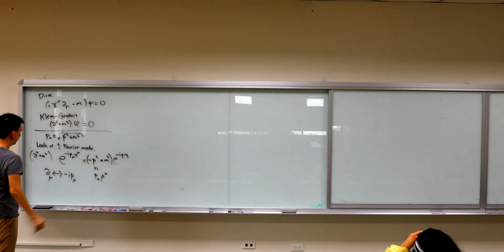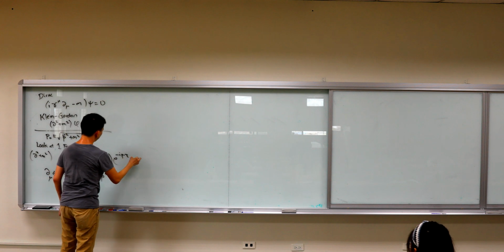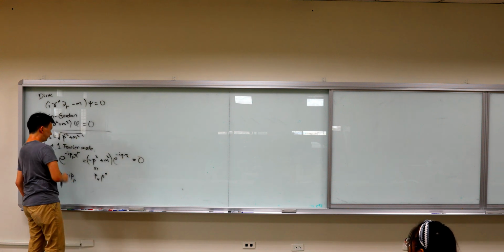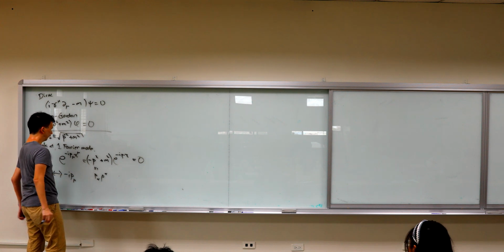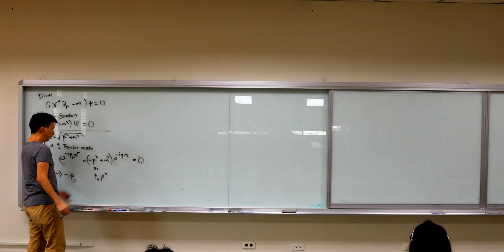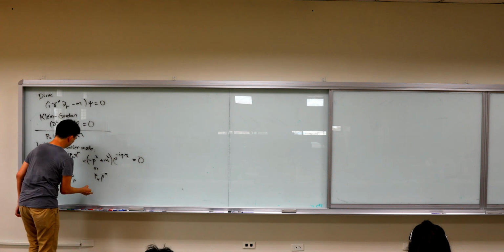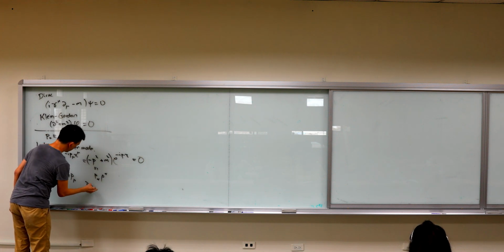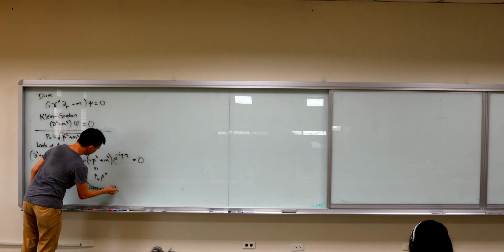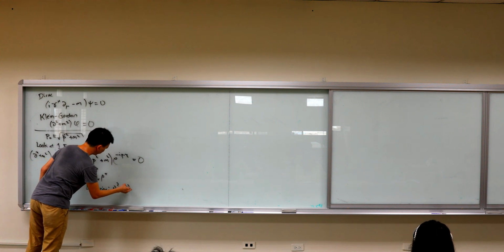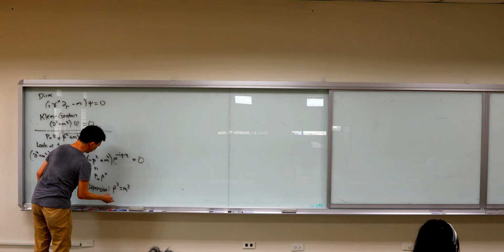But this is supposed to be 0 since, like I said, this is a basis function and you're trying to construct the most general solution. So what it's telling you is that this dispersion relation must hold. That P squared is m squared.